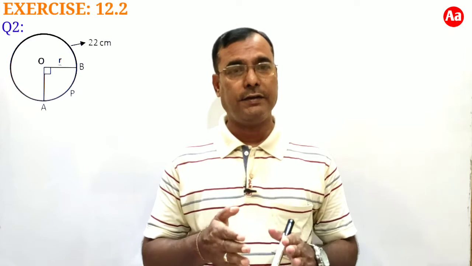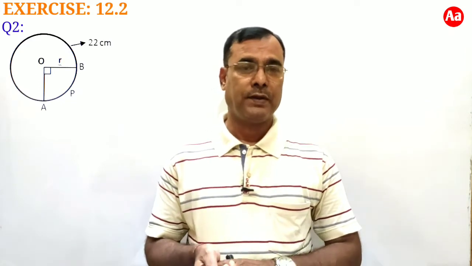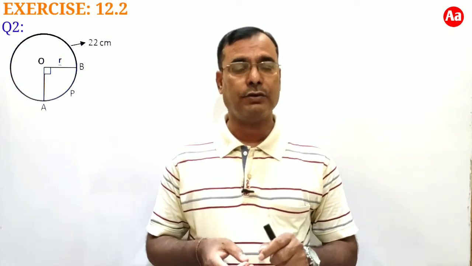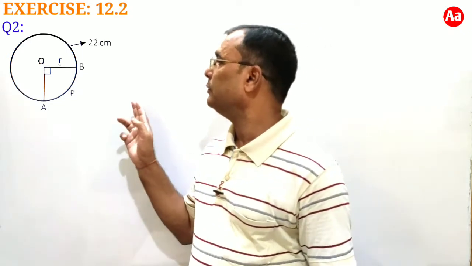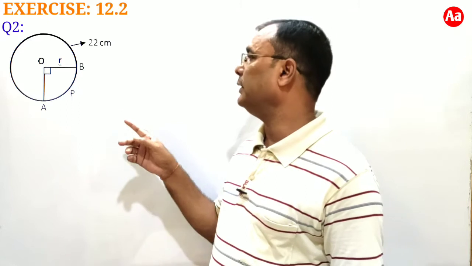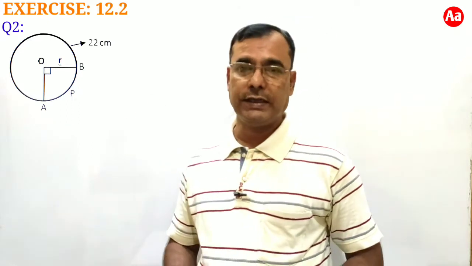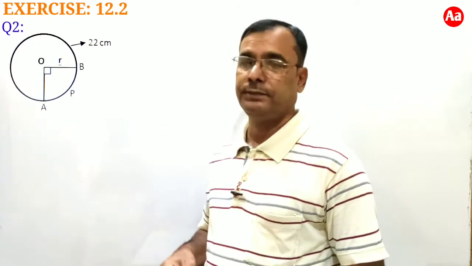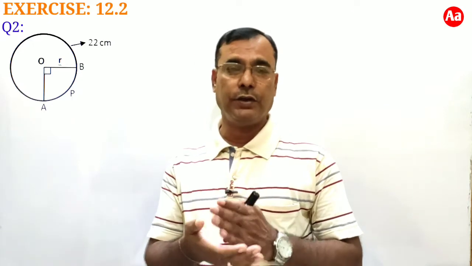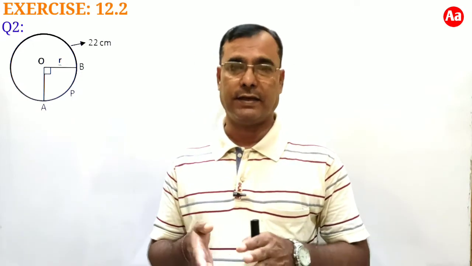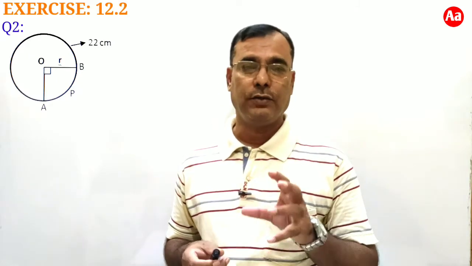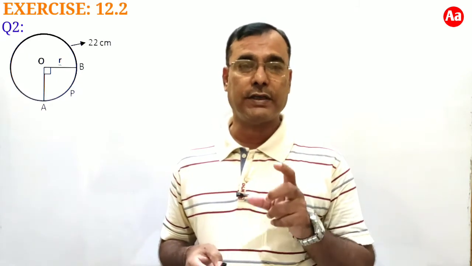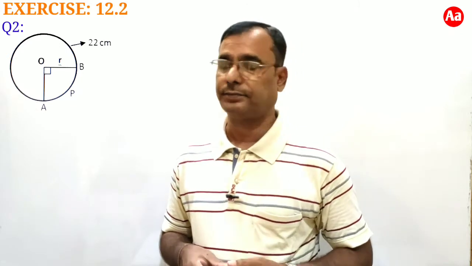Second question is: find the area of a quadrant of a circle whose circumference is 22 centimeter. So we have drawn a quadrant. OAPB is a quadrant of circle with center O. Quadrant of a circle is 1/4 part of a circle. If you divide a circle into 4 equal parts, one part is called a quadrant of the circle.